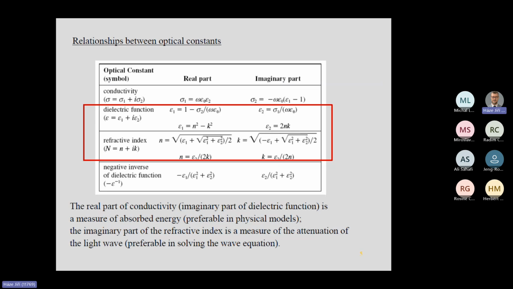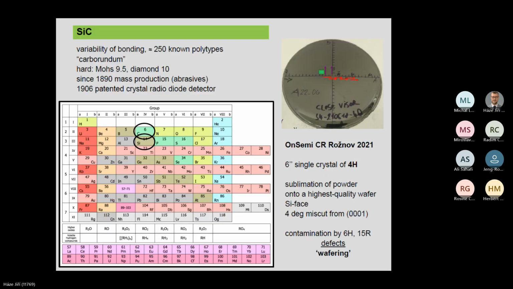I will skip discussing the negative inverse of the dielectric function, which is good in seeing the longitudinal excitations in beta silicon carbide. We are very up in the periodic table.